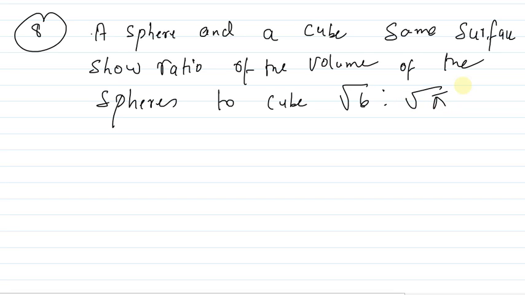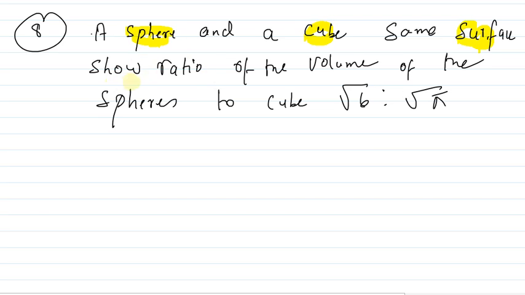Okay. So in this question, what we'll do first? Have you got the concept of the question? What the question says? I'm just highlighting the question so that you can be clear. The question says that a sphere and a cube have the same surface.